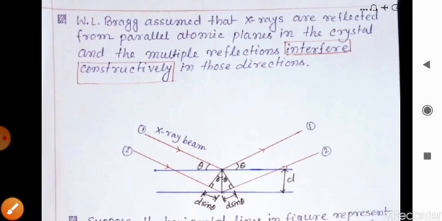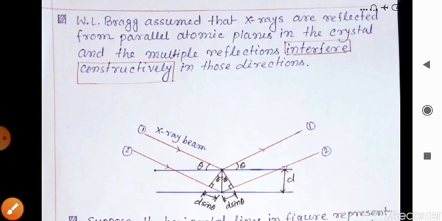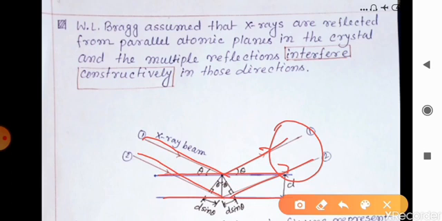He also assumed that there are multiple reflections which interfere constructively in certain directions. When incident rays fall on the crystal planes, multiple reflections are possible, and these reflected rays may interfere constructively to produce a bright spot if we place a detector or screen here.